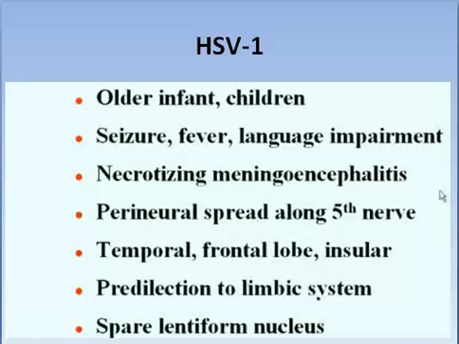Number 1, type 1, occurs in older infants and children. It results in necrotizing meningoencephalitis. It happens by perineural spread along nerve 5, with predilection to the limbic system. It spares the lentiform nucleus. It usually affects the temporal lobe and the insula.